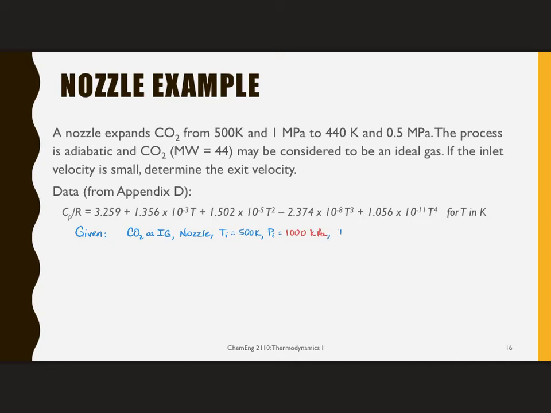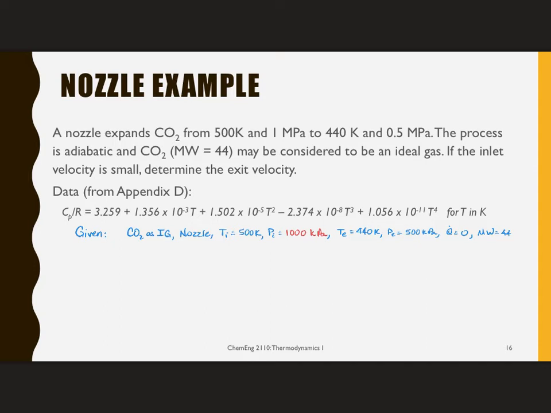And then the exit temperature is 440 Kelvin, and the exit pressure, again converting to kilopascals, is 500 kilopascals. The process is adiabatic, which tells me that Q is equal to 0. The molecular weight of the gas is 44.